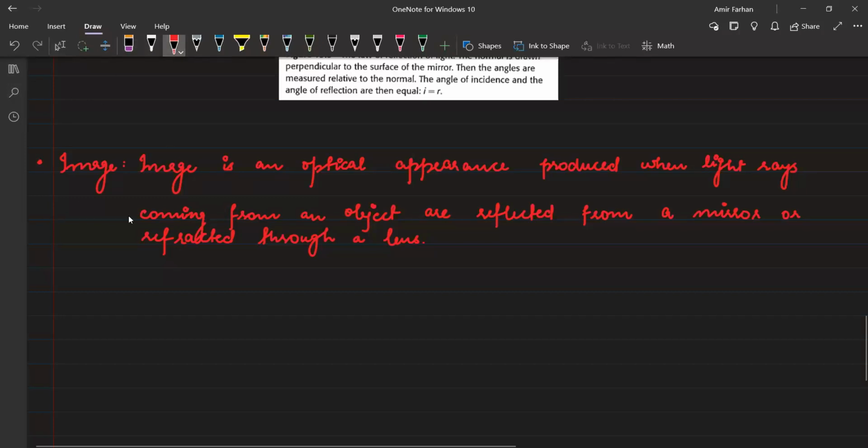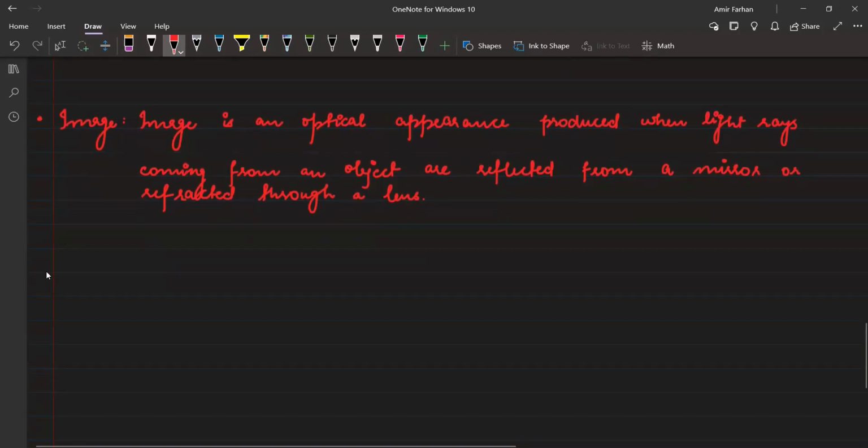In images also we have two types of images. We'll understand the properties of plane mirror after this one. So let's understand the two types of images. There are two types of images.